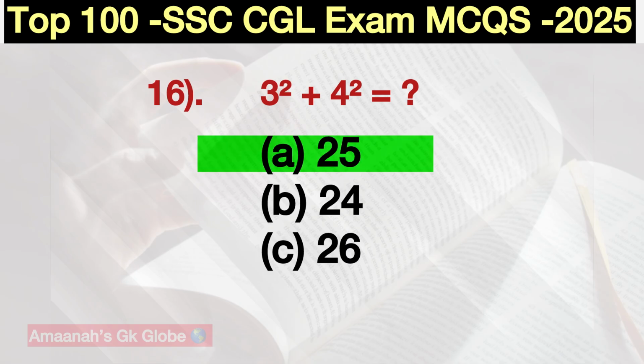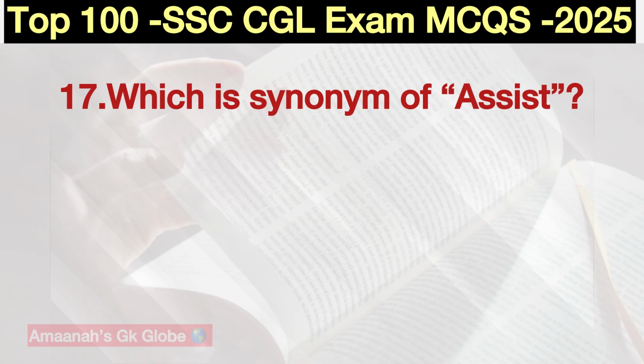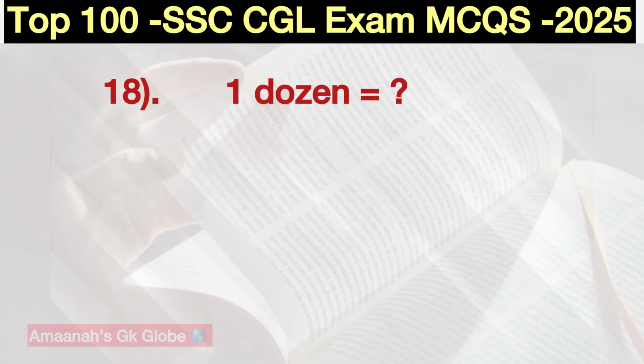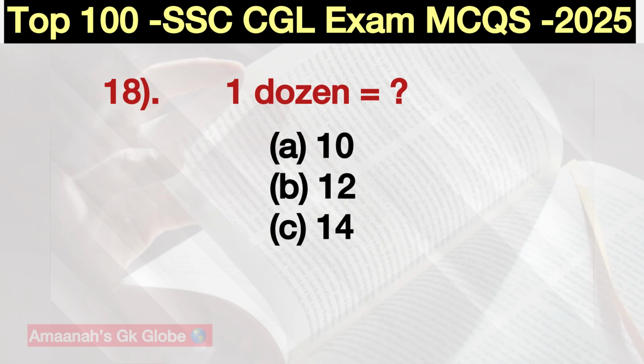Right answer is option A, 25. Which is synonym of assist? It's option A, help. Next question is 1 dozen is equal to. Right answer is option B, 12.